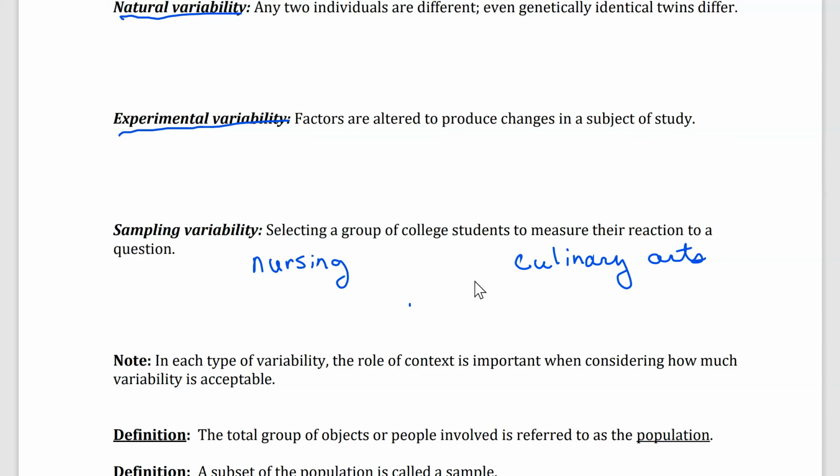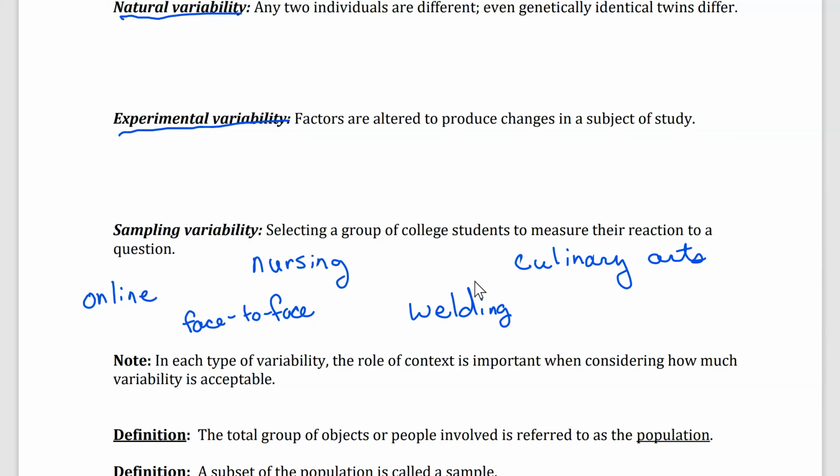Or if I look at welding students. Or if I compare our online population to our face-to-face population.